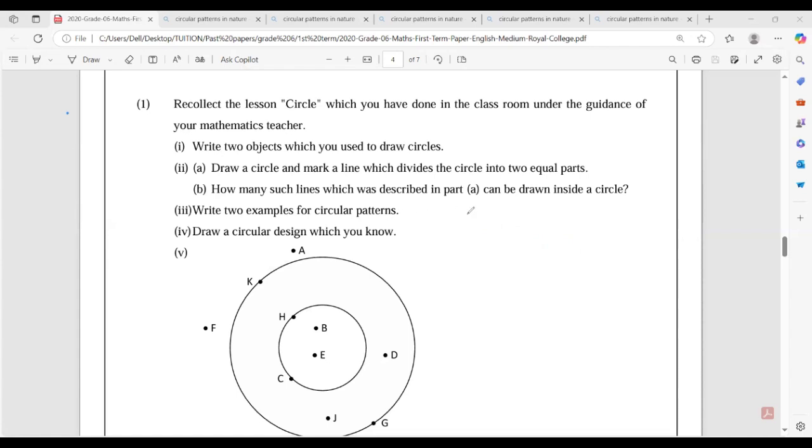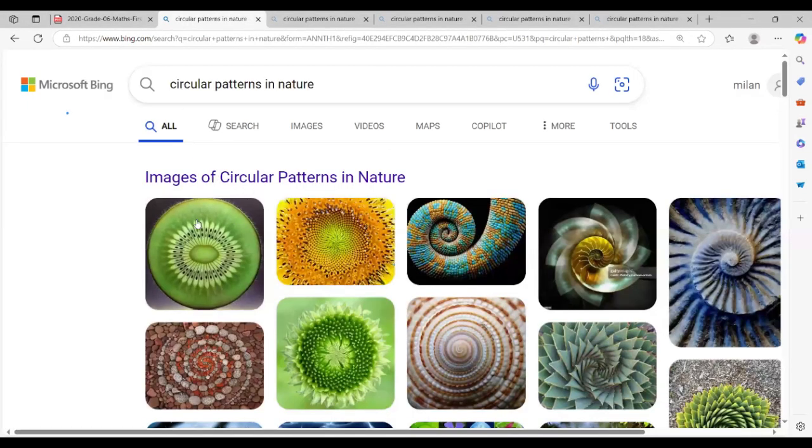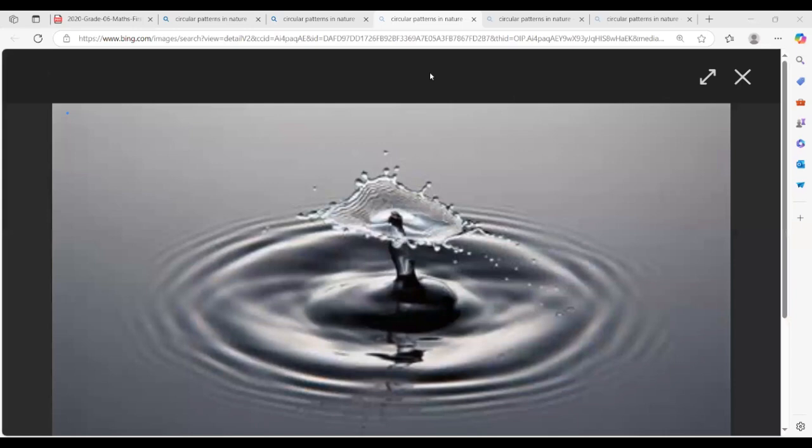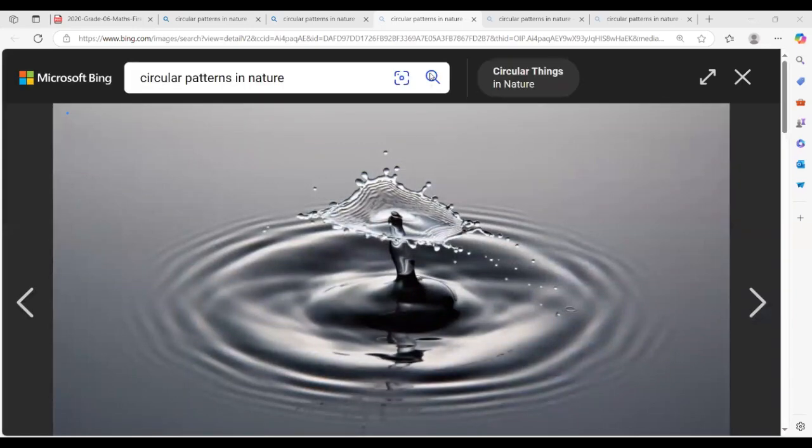You can see circular patterns in nature, right? I have taken some shapes, like you can see. I will let you see. If you see this kind of thing, it looks like a circular pattern, right? In nature. And if you take this, this has a circular pattern, right?